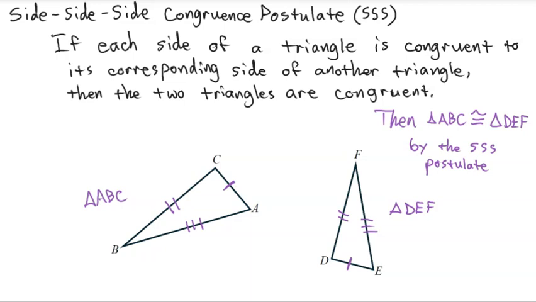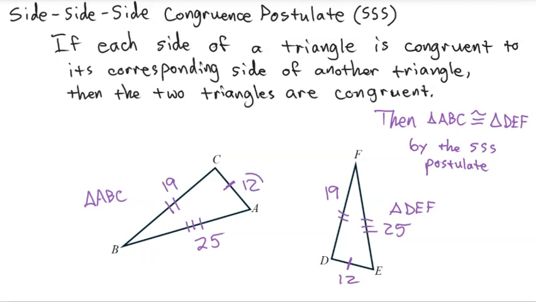What does it mean for them to be congruent? Well, that means that if the short side of ABC is equal to 12, then the short side of DEF is also equal to 12. If the medium side of ABC is equal to 19, then the medium side of DEF is also equal to 19. It's the exact same number. If the long side of ABC is equal to 25, then the long side of DEF is also equal to 25.